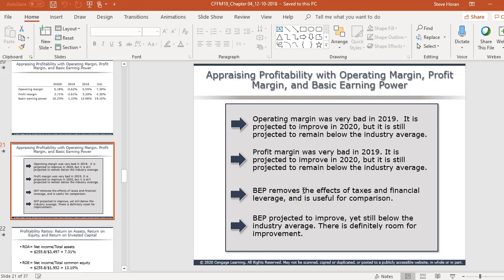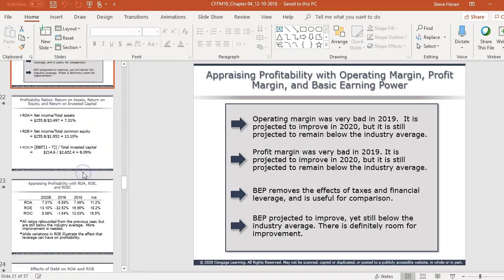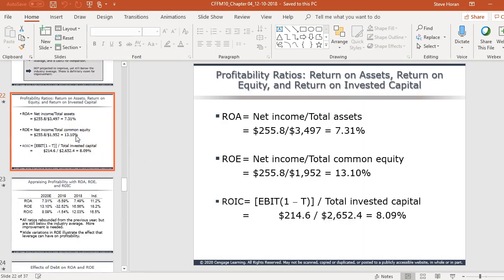Okay, and I've kind of mentioned pretty much all of these before, so I've already walked you through this, but you can definitely read it on your own if you would like to. And then a few more ratios. Now we're looking at returns, so ROE, ROA, return on invested capital, and we're just trying to figure out our net income compared to some other measurements.